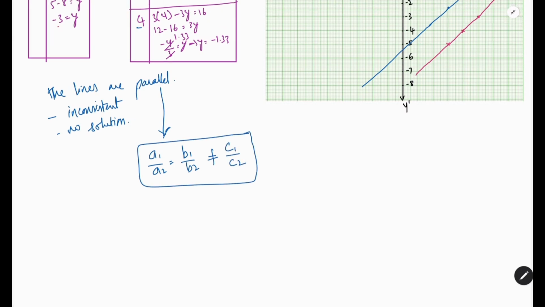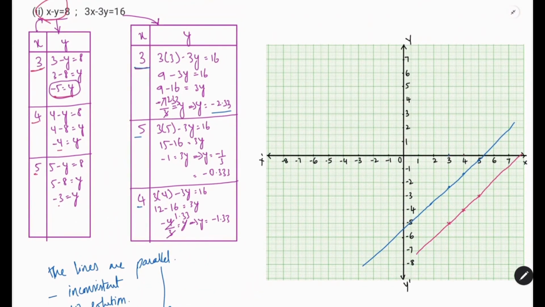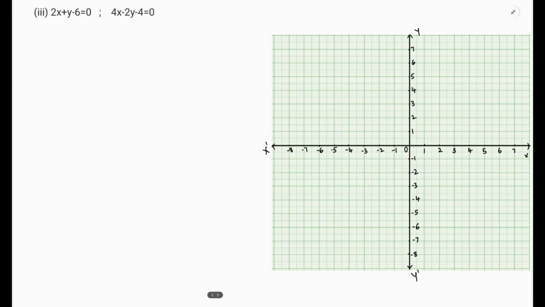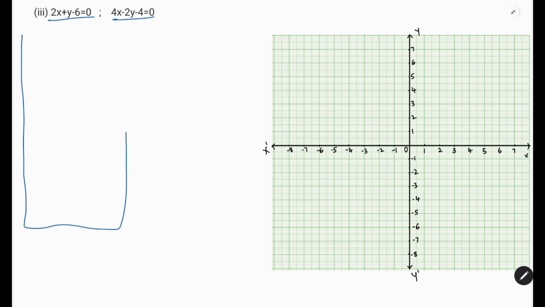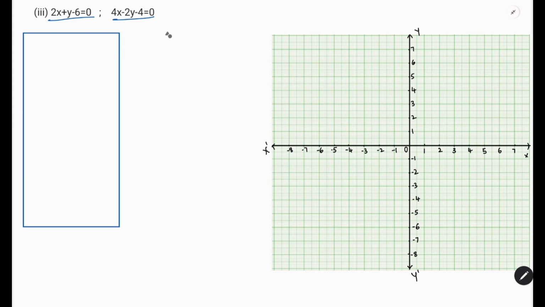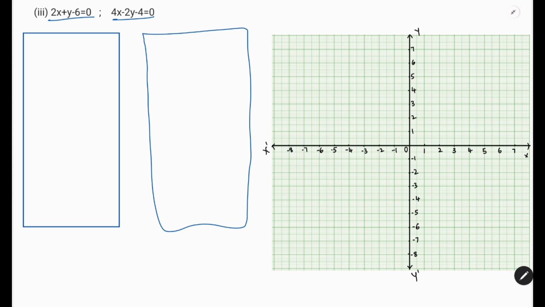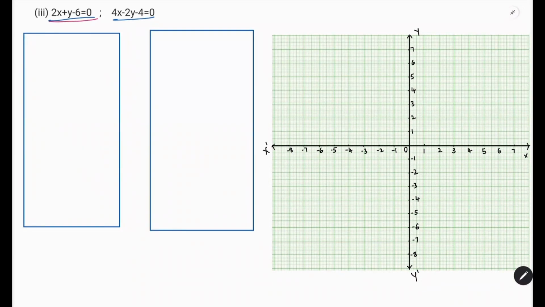Okay, now we will move to the next one. See, these two equations are given. Now we will assume the values of x and we will find out the values of y. In this first equation, if x equal to 1, then 2 into 1 plus y minus 6 equal to 0.